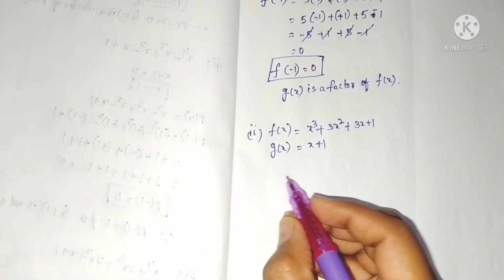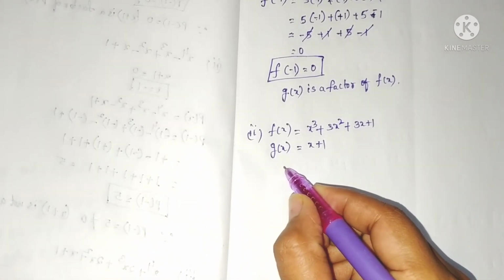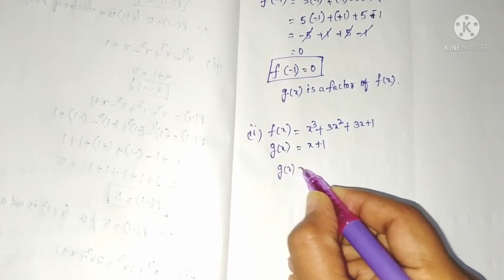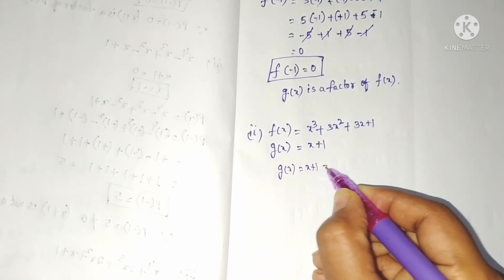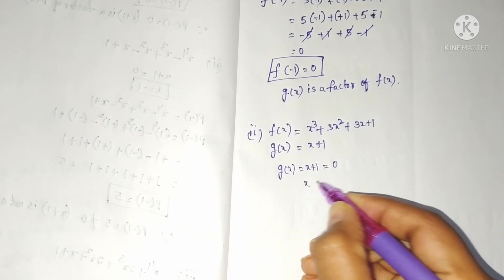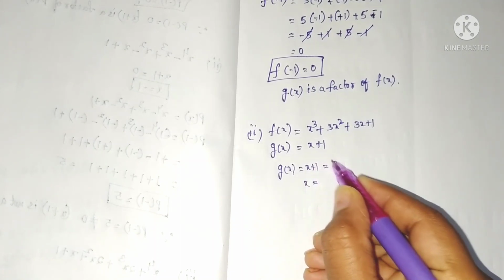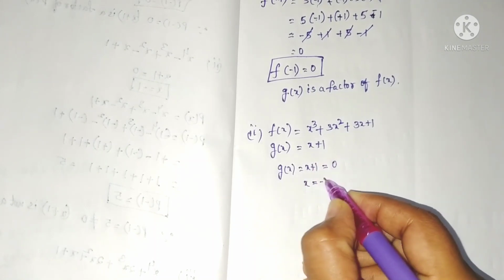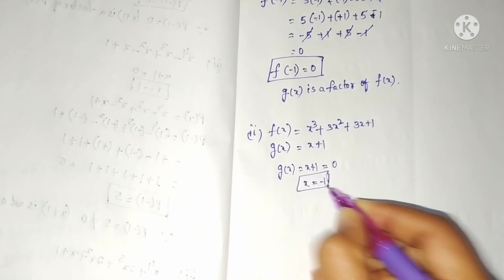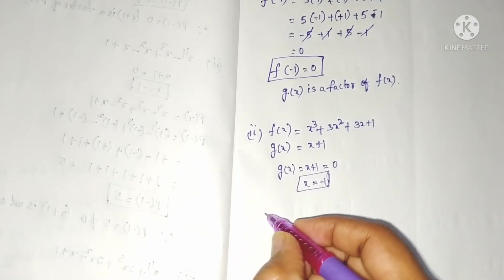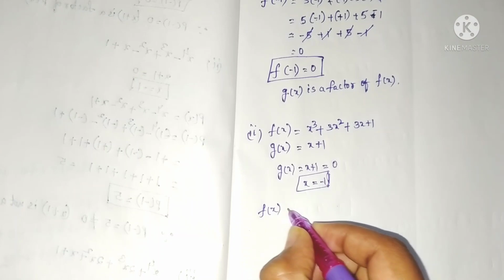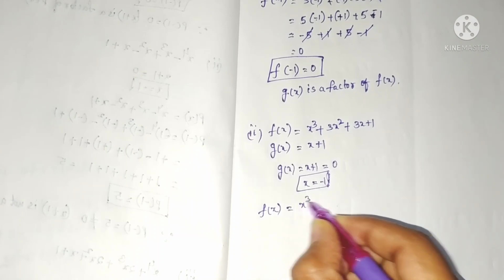This is the problem. So first take g of x is equal to x plus 1 equals 0. Now when plus comes to the RHS, it will be minus 1. Right. So now we have to substitute minus 1 in f of x.